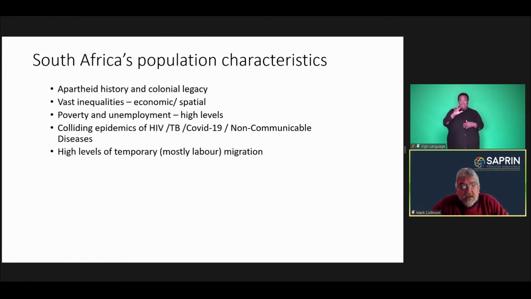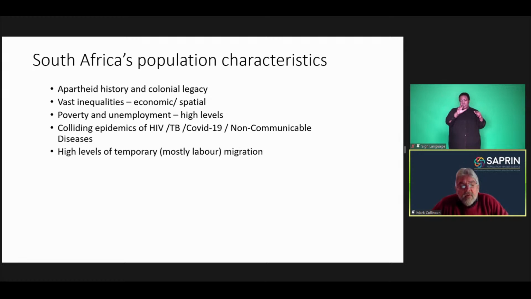Spatial inequality is an additional one to add, in that things haven't shifted enormously since those apartheid days. So the spatial inequality remains entrenched. Poverty, unemployment at high levels, highest levels around unemployment.